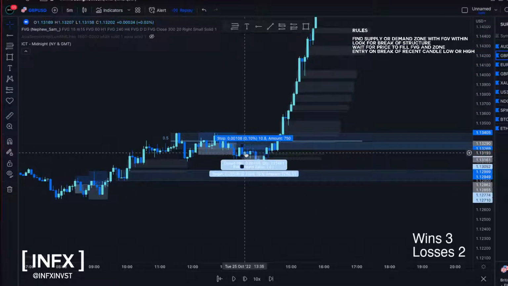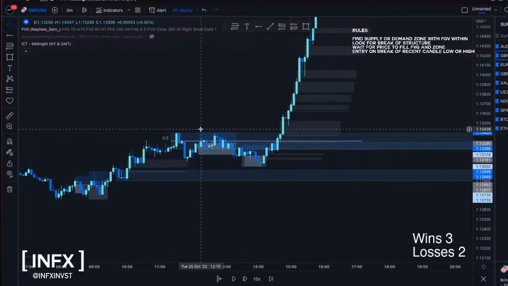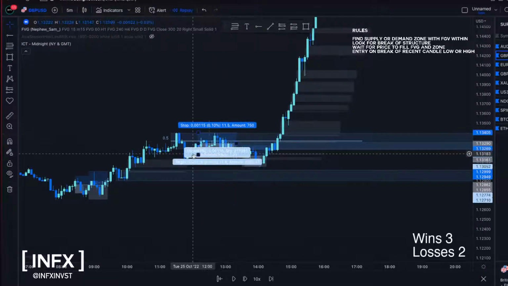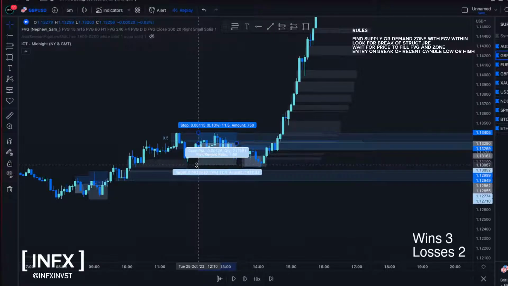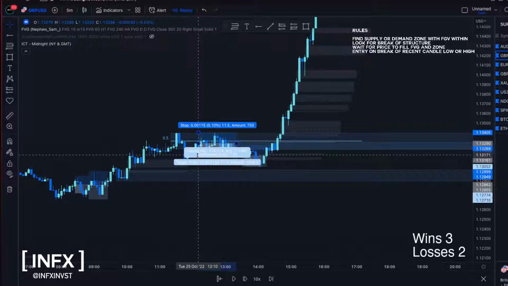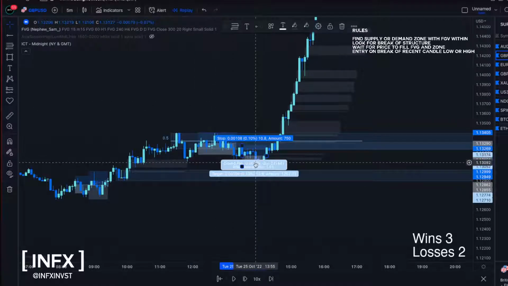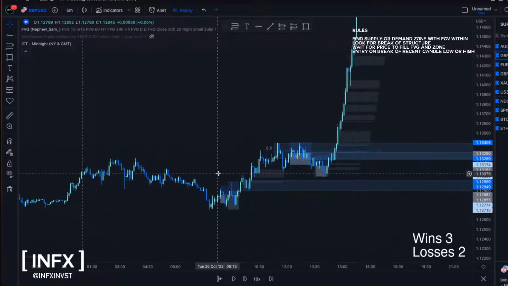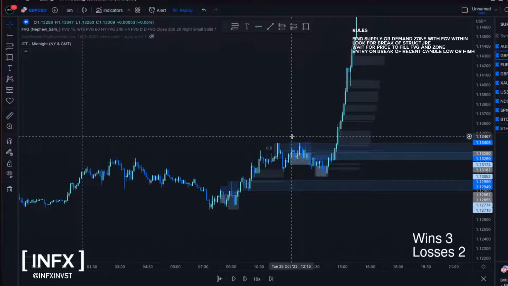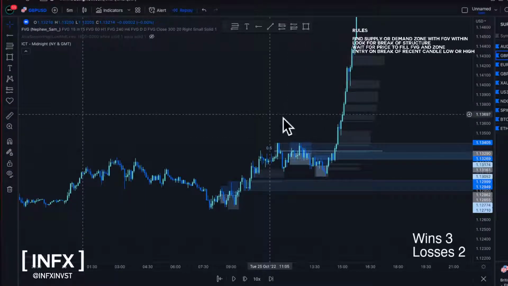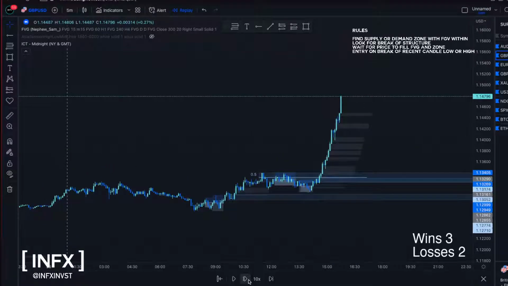This again was after the time, so technically this was the running trade for us today, and we could have let that run for a 1-to-2, yeah, just about. So London session was good. From 8:30 till we entered this just after midday, so it's ideally not what we wanted, but let's keep on moving.